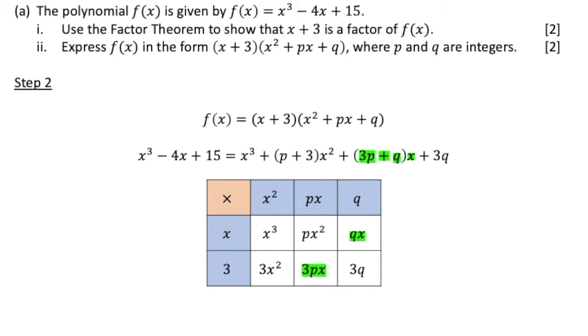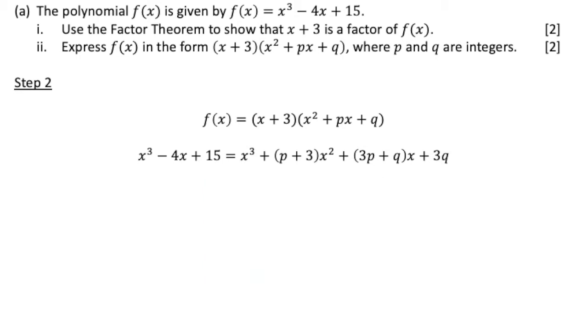This term and this term both have x to the power 1, so I've got q lots of x plus 3p lots of x, so that's 3p plus q x, and the last term has no x at all, so it's just 3q. So that's the result of my expanding brackets.